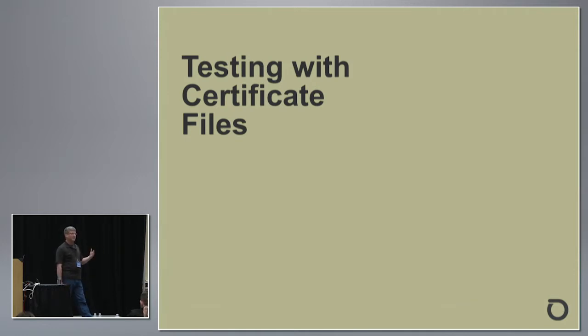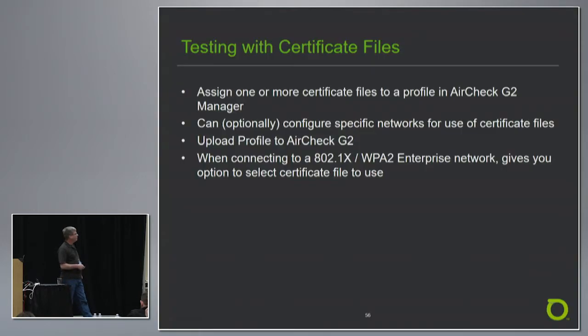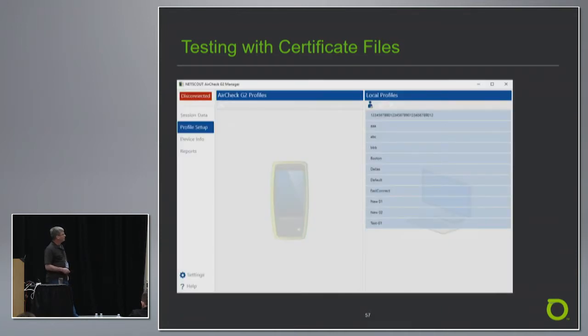If it requires a client-side certificate, it supports that too. You need to use the AirCheck G2 Manager, but you can add one or more client certificate files to a profile using the AirCheck G2 Manager, upload that profile, and then when you connect to an 802.1X or WPA2 Enterprise network, you have the option to select that.